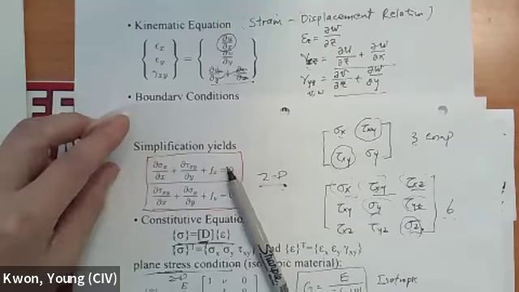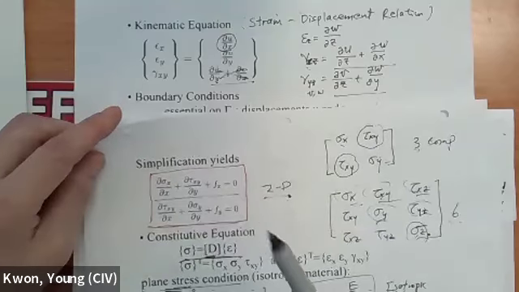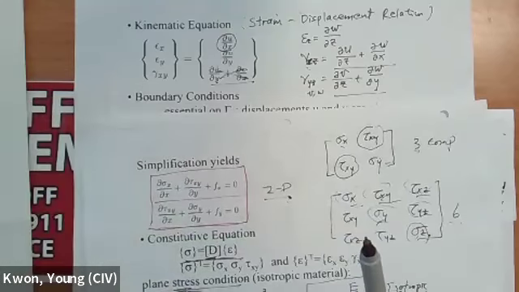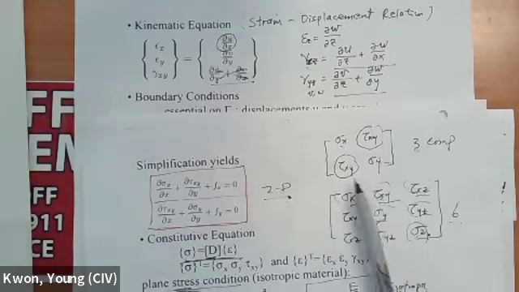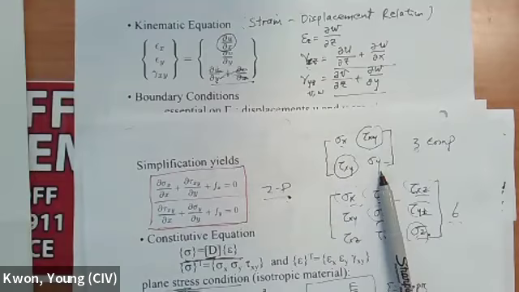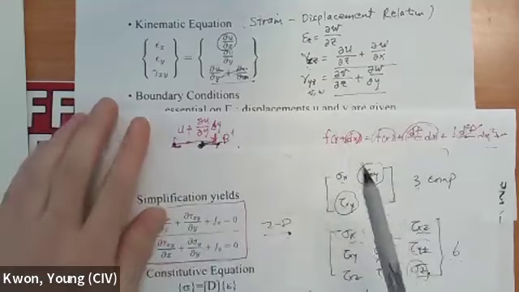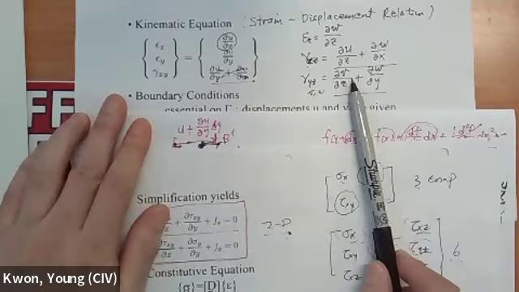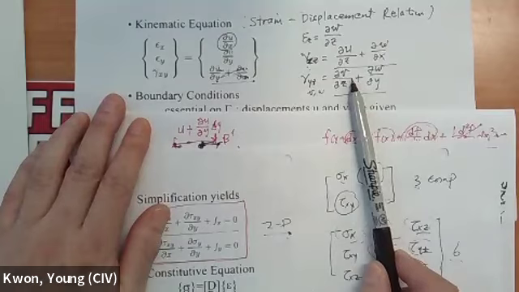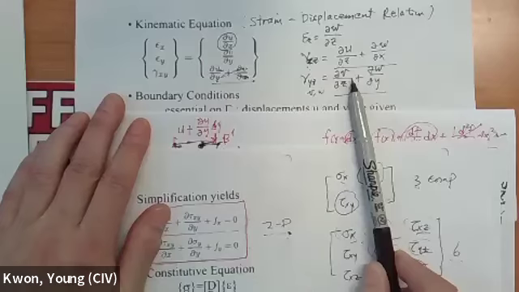Okay. Now, if you go to a 3D problem, just to double check, we had 3 equations of equilibrium, 6 constitutive equations, and 6 kinematic equations. So 3 plus 6 plus 6, 15. So you have 15 equations.